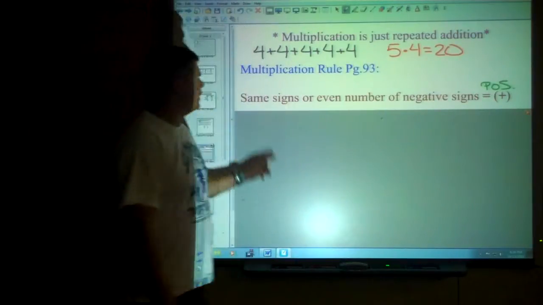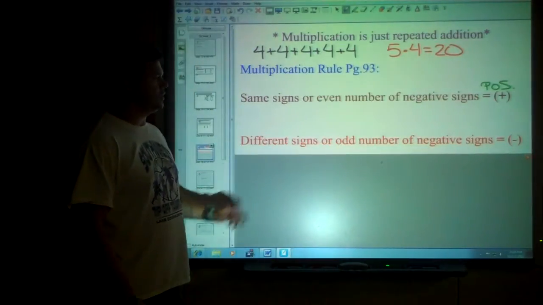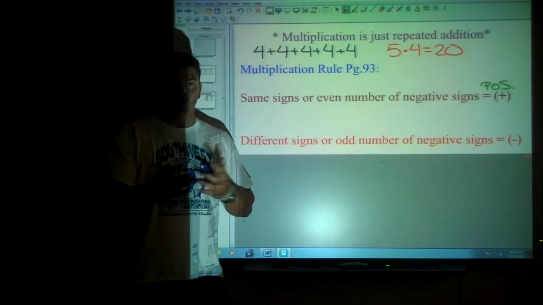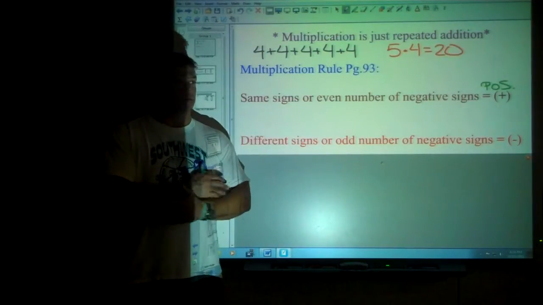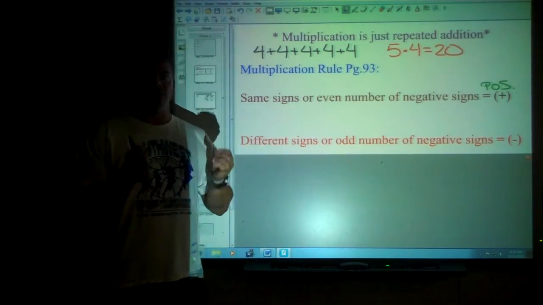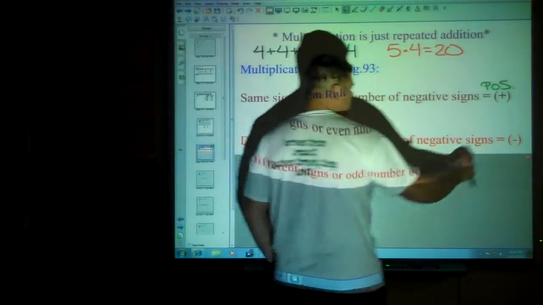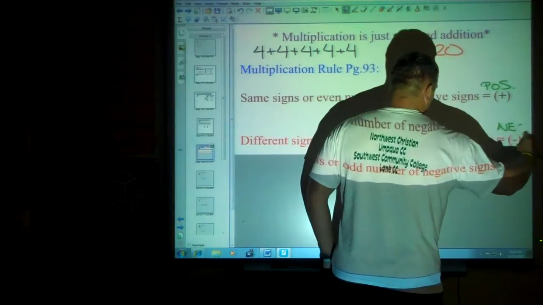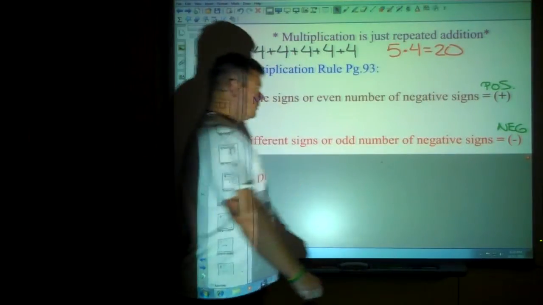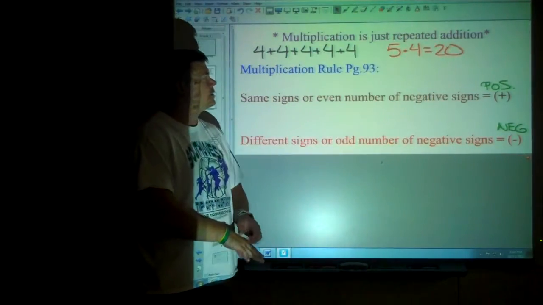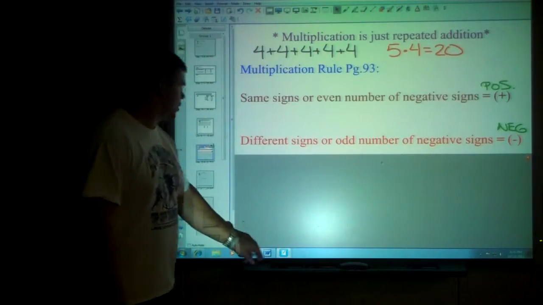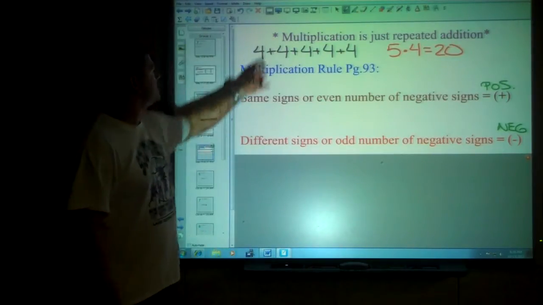If the signs are different, there are two numbers and one's positive and one's negative, it doesn't matter which one's bigger. If they don't have the same sign, then it's going to become a negative when you multiply. So you don't have to remember anything different than this.